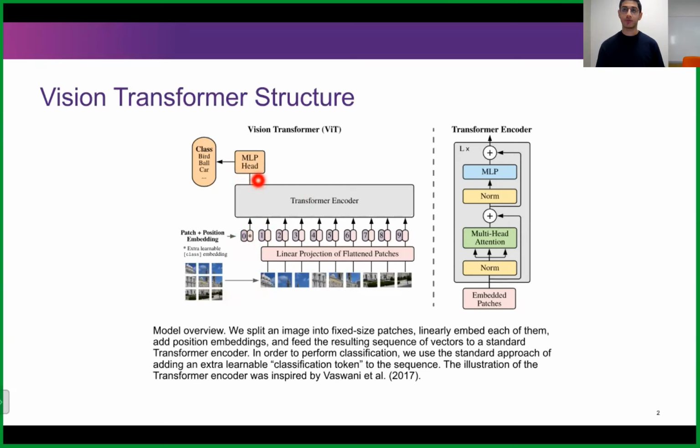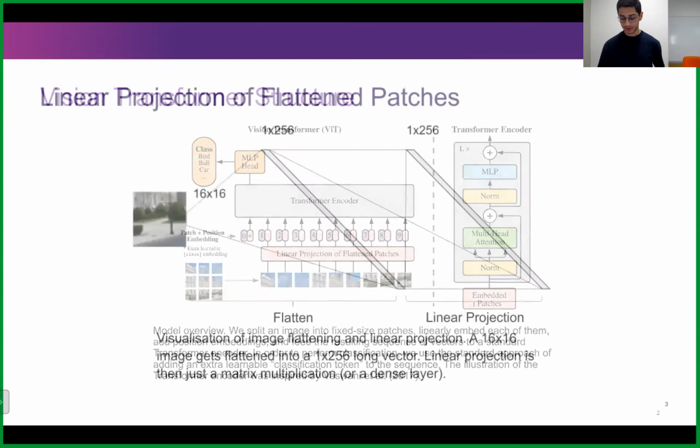And then it finally goes through a dense or multi-layer perceptron to do a prediction on what was in the image. So again, in each stage, all of the patches are being attended to through the attention mechanism together with the class token. And then at the end, they use that class token to try and predict what was actually inside the image.